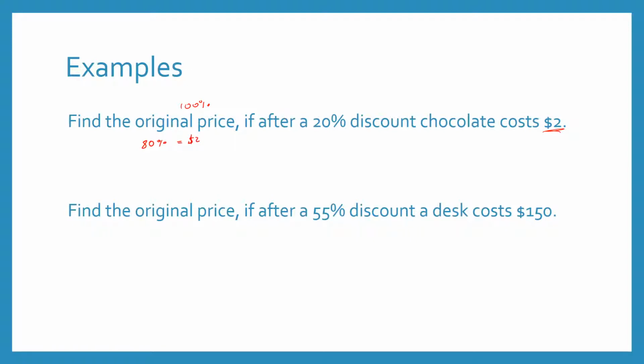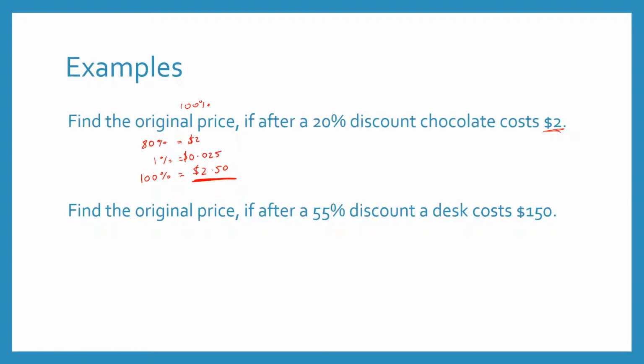We want to find out what 1% is, so we're going to divide both sides by 80, and we're going to get $0.025. We won't round because we are now going to take it up to 100%. So we go to 100% by timesing both sides by 100, and we're going to get $2.50. So our original price was $2.50. Have a go at the next one on your own.